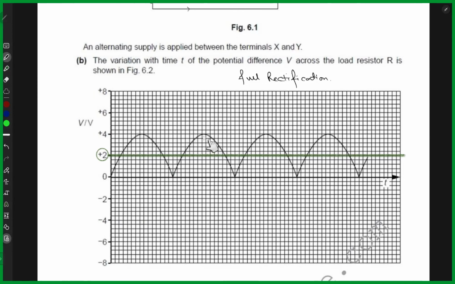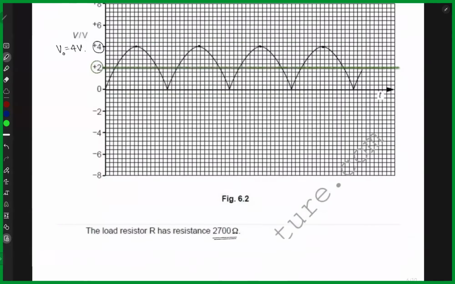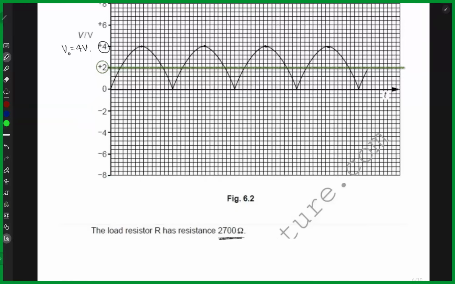There is no damping in the graph, as the peak value is always a fixed value of +4 volts. So this +4 volts is the peak voltage given over here. Okay, so the load has a resistor 2700 ohms.